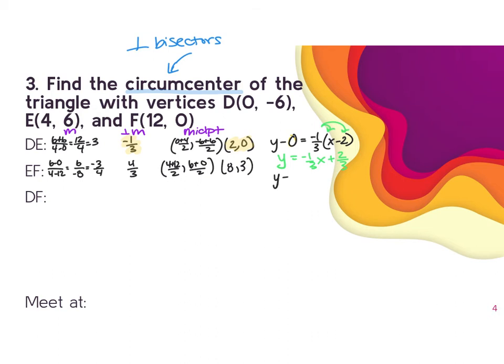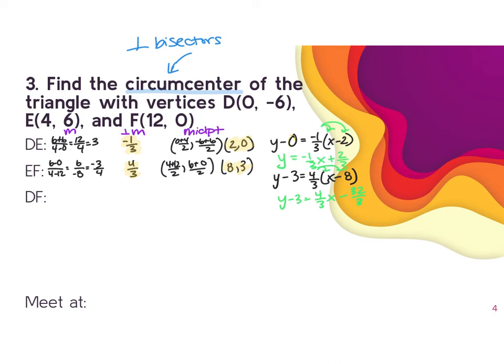We're going to write our equation. Y minus y1. Again, we're using our midpoint and our perpendicular slope. So y minus 3 equals 4/3 x minus 8. I need to get y all by itself, so I'm going to distribute. Y minus 3 equals 4/3 x minus 32/3.